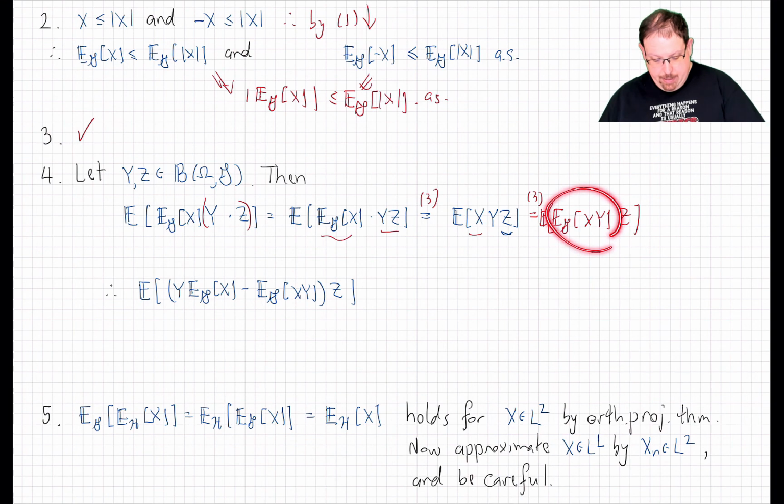Now subtracting this from this, what that means is that the expected value of this difference, y times the conditional expectation of x minus the conditional expectation of xy, all times z, for any bounded G measurable function z, is equal to 0.